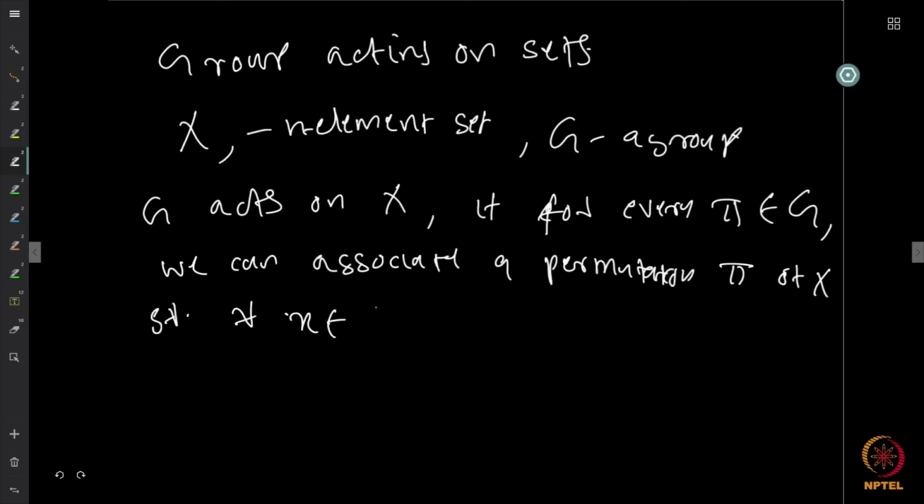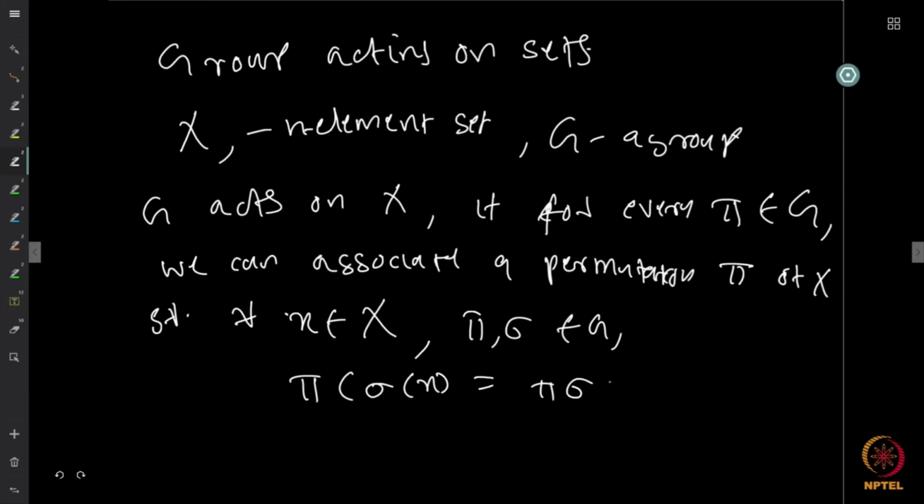element x in X, and two elements, let's say pi and sigma in G, we have pi of sigma of x equal to pi sigma of x. So pi sigma is basically the operation under the group, right?